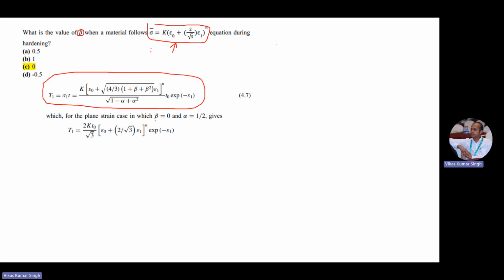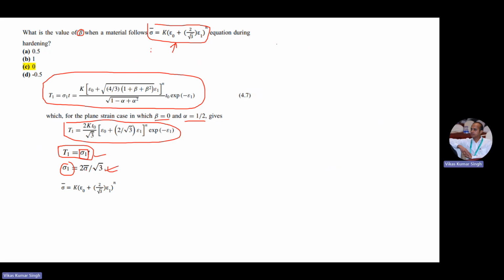If we put beta equal to 0 and alpha equal to half, as we derived in the previous question, this is the traction value we got. Traction T1 equals sigma 1 into T. If we find the effective stress in terms of sigma 1, the formula is 2 by root 3, already derived.